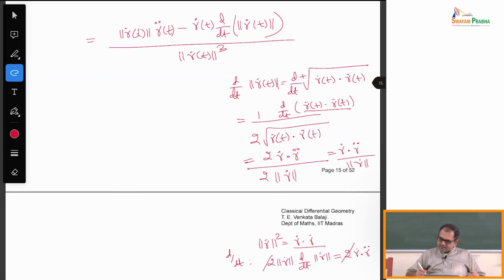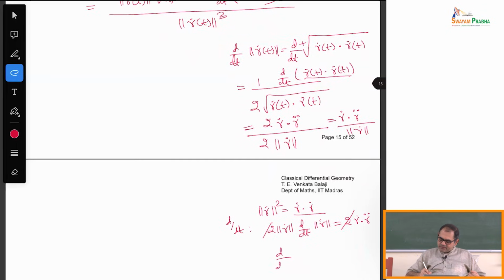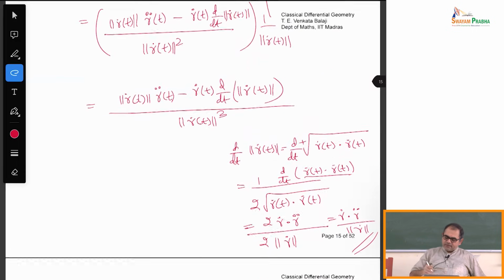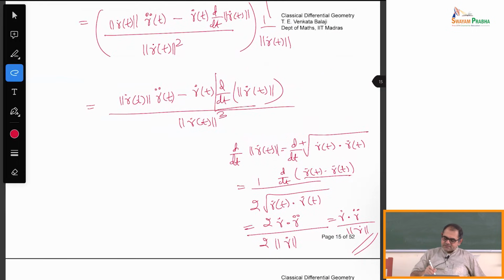This 2 cancels, and again you will get the same expression. You will get d by dt of norm gamma dot is gamma dot dot gamma double dot divided by norm gamma dot, which is what we have got here. So there are 2 ways of getting this, but they are essentially the same. In one you are differentiating the square root, in the other you are not, but you will anyway get the same thing. So whichever way you do it, we can replace this term here.